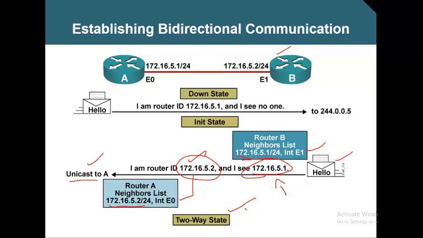See, both know each other, but not in detail. They know only the router ID. That doesn't mean that you know everything about me. You know my name, that's all. Jay, I know your name, Robert. That doesn't mean that I know you completely. Yeah, we know each other, but I don't know your address.